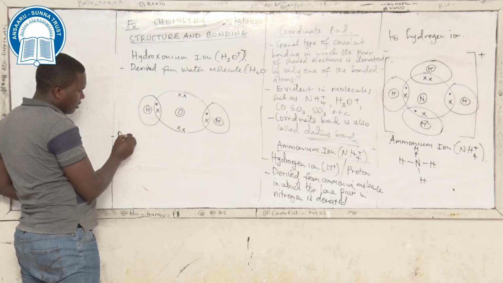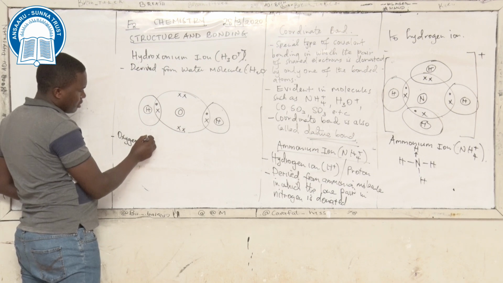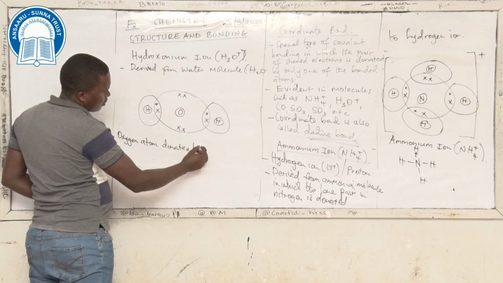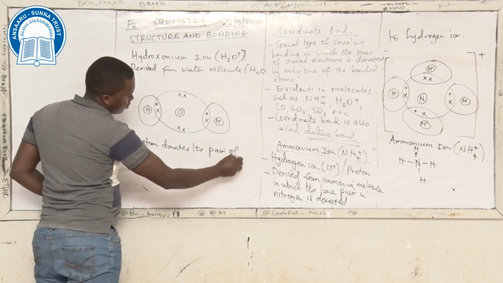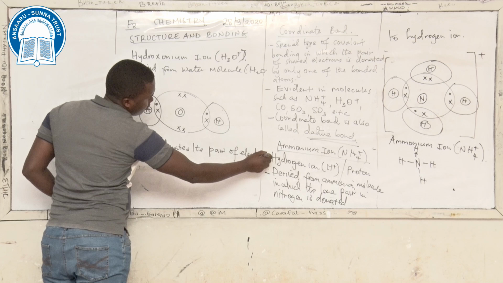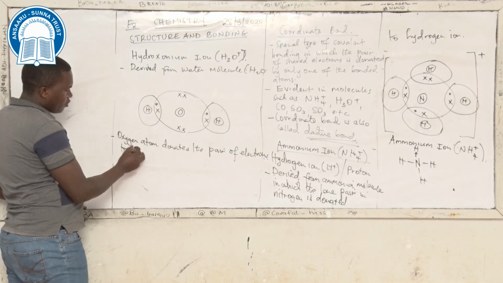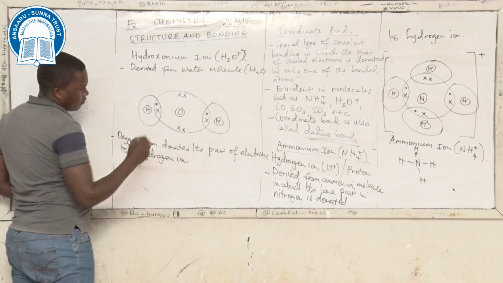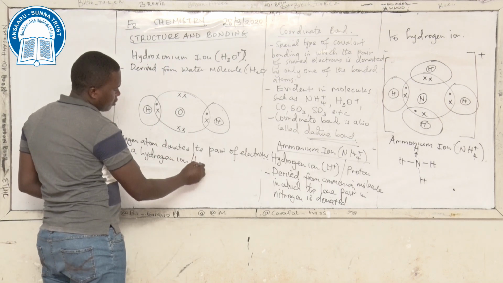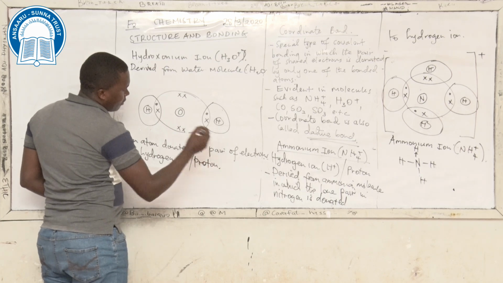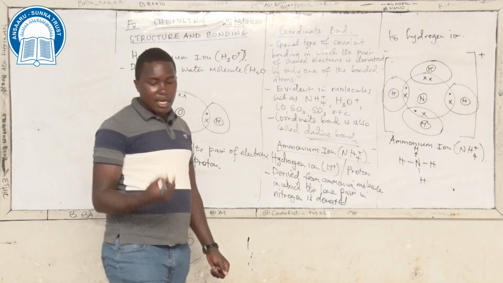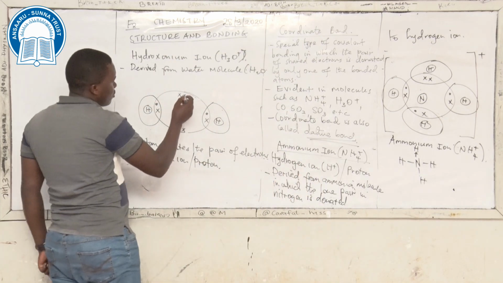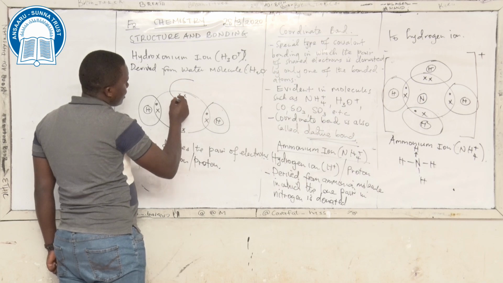So the oxygen atom donates the pair of electrons to a hydrogen ion, which is now a proton. The proton has no electron, and that is why the oxygen atom decides to donate the pair of bonding electrons. So the hydrogen ion can come and bond here.